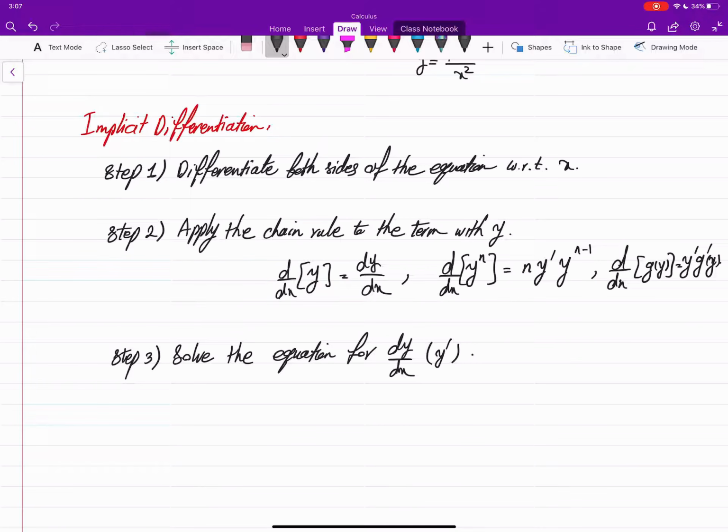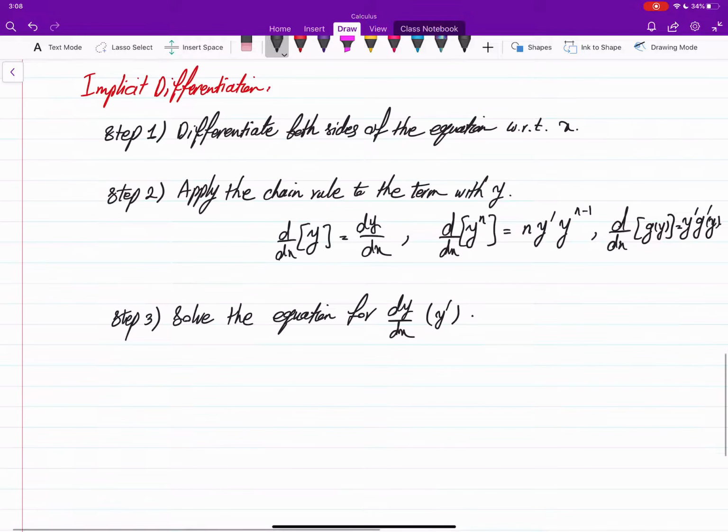It means that take all the terms which have dy dx as multiple one side, take everything else to the other side, factor dy dx, divide the multiple, the coefficient of dy dx, to the right hand side. In other words, isolate dy dx, and this will be always possible. Okay, so this way we find dy dx, an expression in x and y.